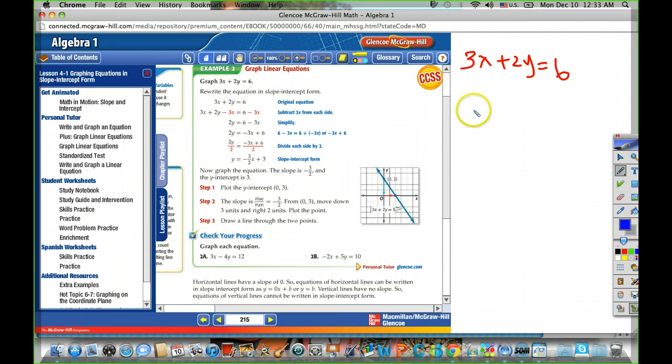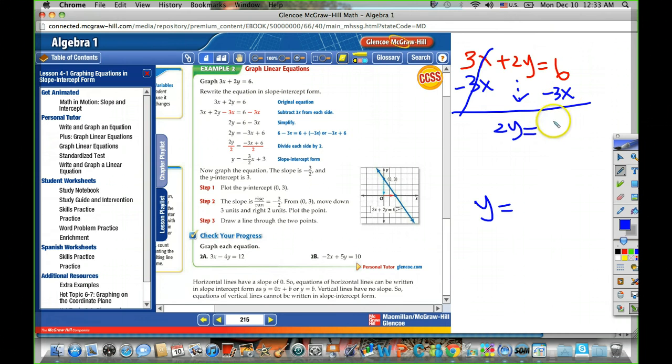All right. So my goal is to have y equals everything else on the right side. In order to do that, I'm going to take away this 3x on each side by subtracting, and that will eliminate it, 3x minus 3x is canceled out. What comes down here is the 2y. You can't take away 3x from 6, so I'm going to just rewrite it, minus 3x plus 6.